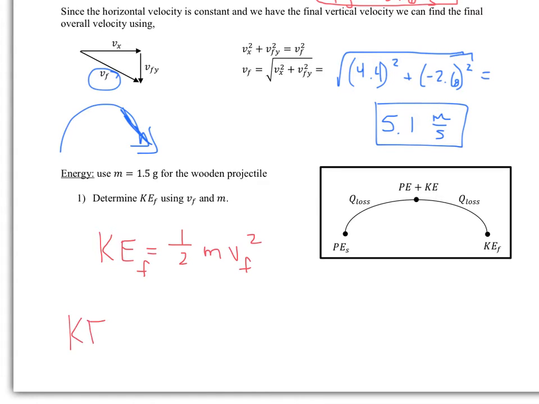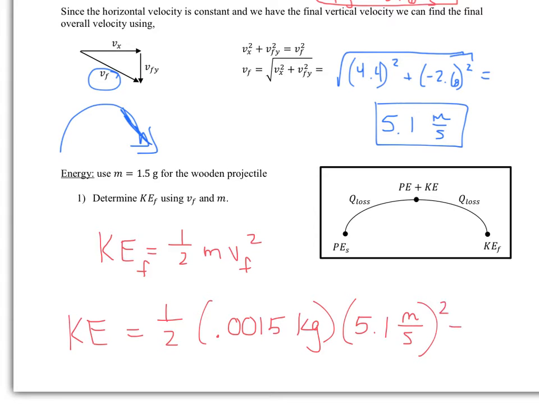I remember that I need to convert my mass, because it's in grams. I need to convert that by moving the decimal 3 spots. It's going to be a very small number, and you could probably figure out why that is. Why is it going to be a very small number?